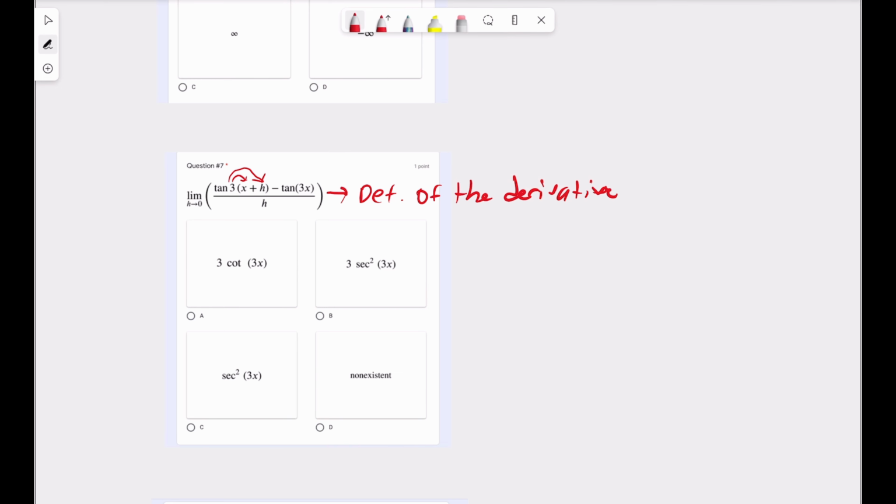But for the sake of time, and also on the AP exam, doing this method will be long, so we can figure out what our function is and just take the derivative of that function. So our function would just be tangent of 3x.